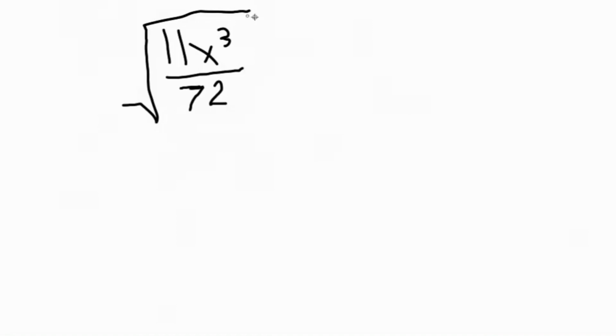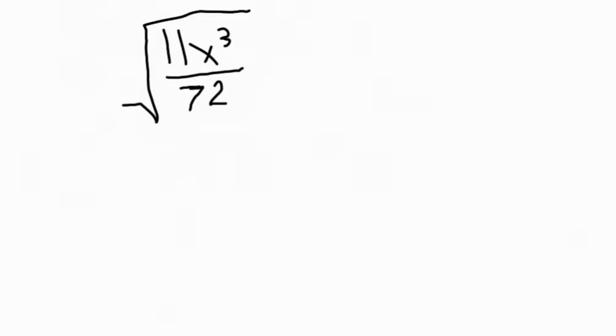Look at all of this. What is going on here? It's a lot going on here. So we have our very large radical, and it's breaking a few rules. See, when working with radicals, we have a couple of rules, and this one breaks it. As you can see, we have 11x to the third power over 72, and this whole entire equation is put into a radical, period.